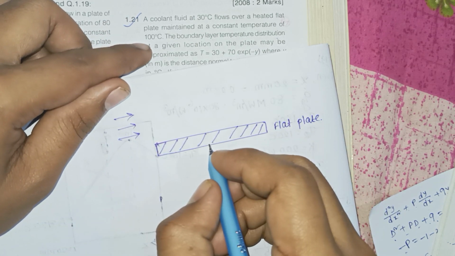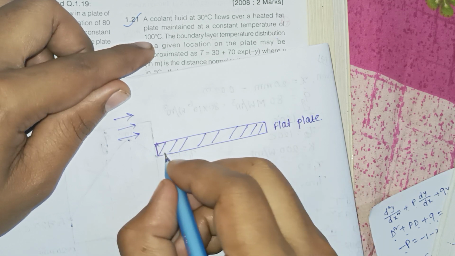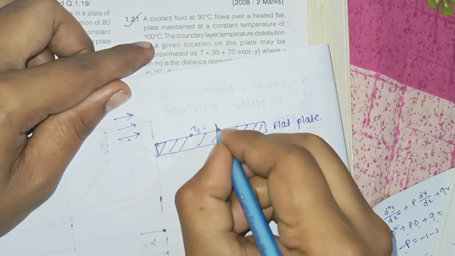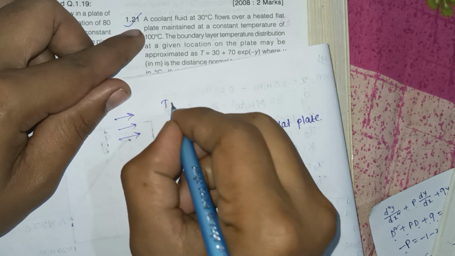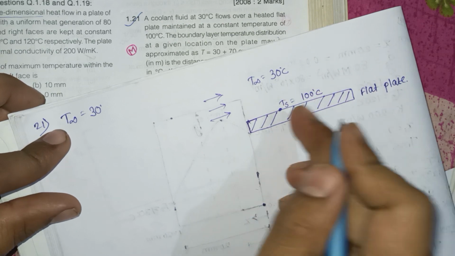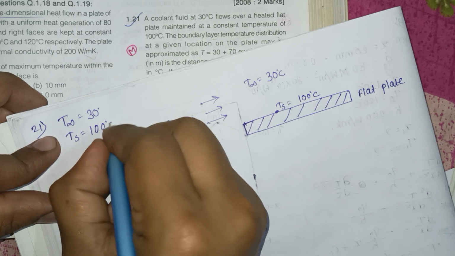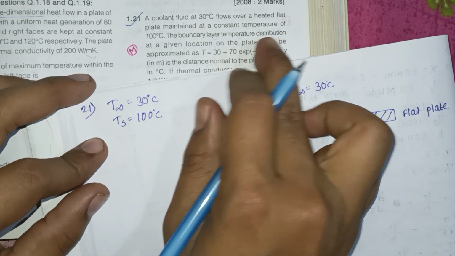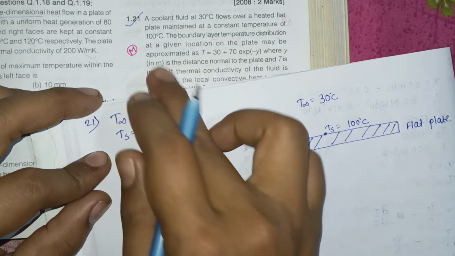So at a constant temperature of, so here the plate temperature, what is the plate temperature? Ts, that is equal to 100 degrees Celsius, and the coolant fluid temperature T infinity, that is 30 degrees Celsius. Okay. The boundary layer temperature distribution at a given location on the plate may be approximated.